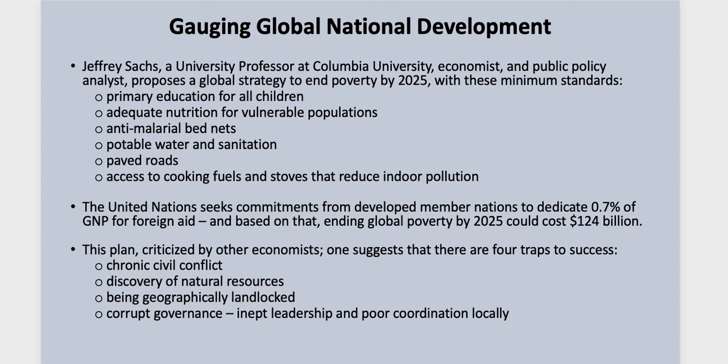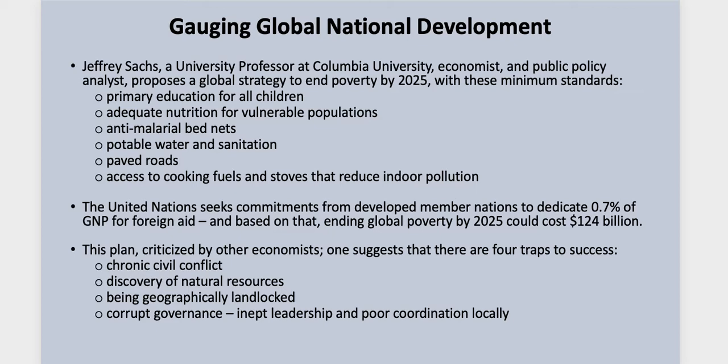I think the Gates Foundation has worked on trying to eliminate malaria, if I remember correctly. Potable water and sanitation facilities, paved roads, and they have a standard, I think, of a half a mile per 1,000 individuals in a population, and then access to cooking fuels and stoves that reduce indoor pollution, rather, I should say.